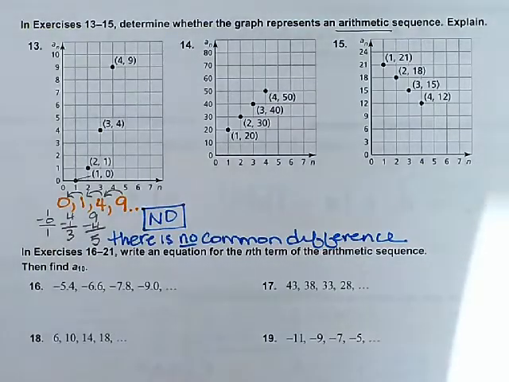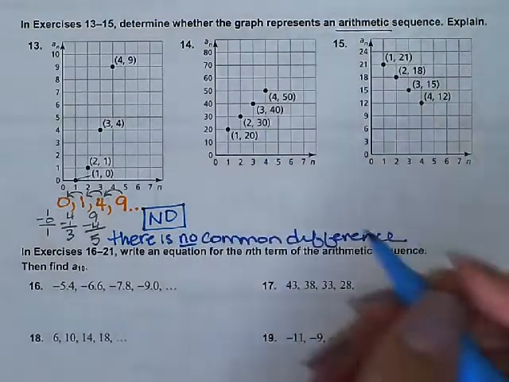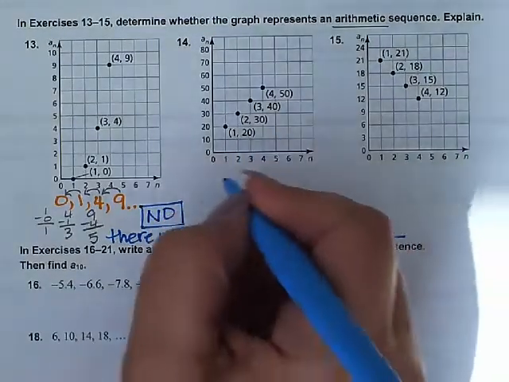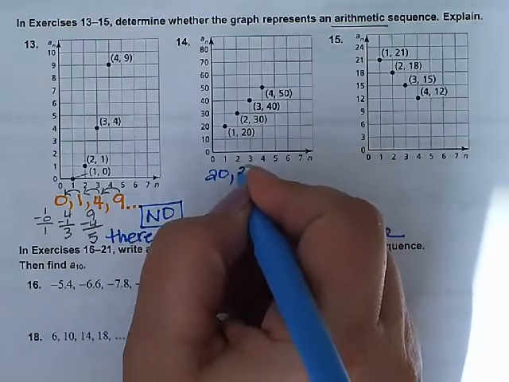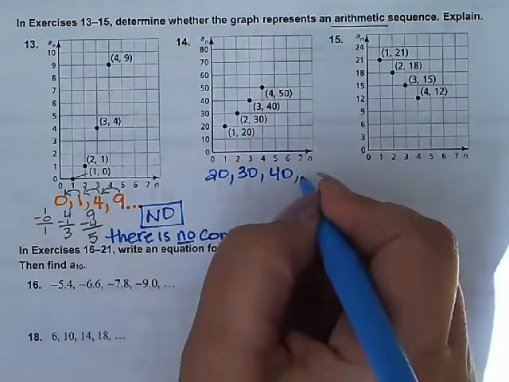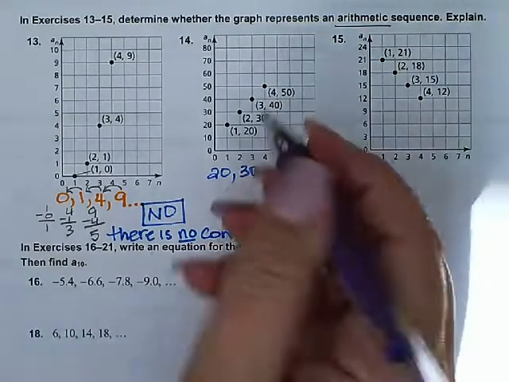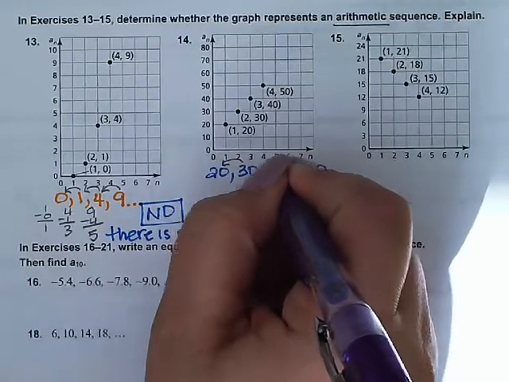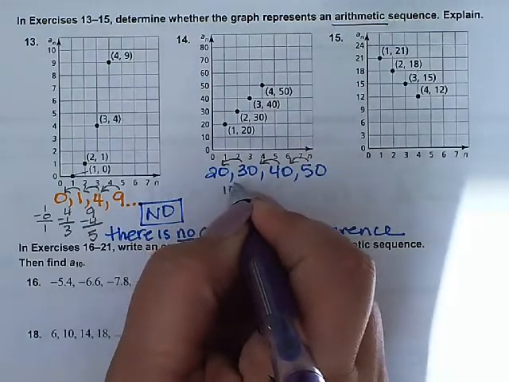Don't take my word for it. Let's work it out. So again, you can look at it from here and catch a pattern there, or you could write the sequence. The first term in this sequence was 20. Then the second term was 30. The third term was 40, and the fourth term was 50. And when I test whether or not this has a common difference in this direction, 30 minus 20 is 10.